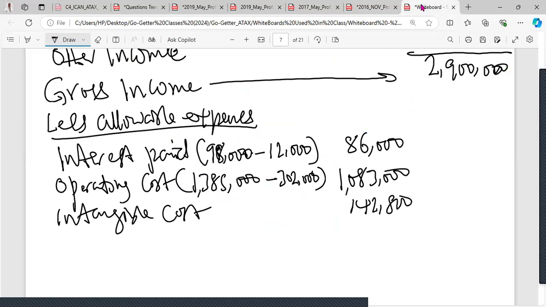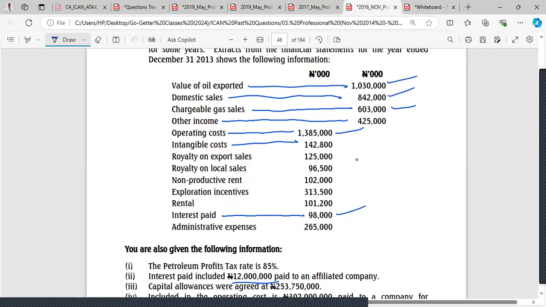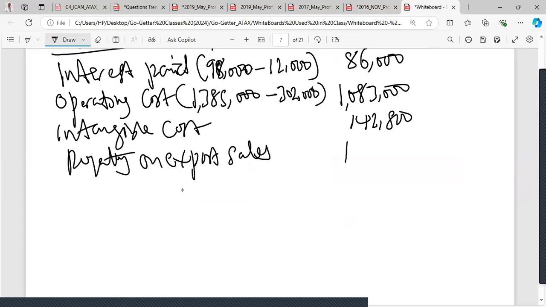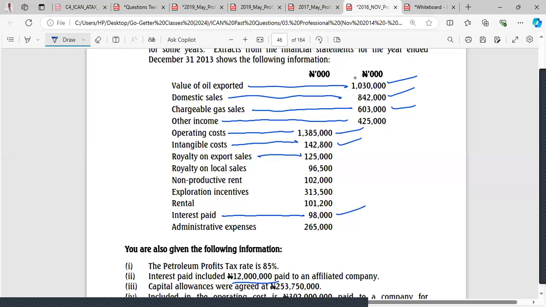Royalty on export sales, 125,000. The next one is royalty on local sales, 96,500.